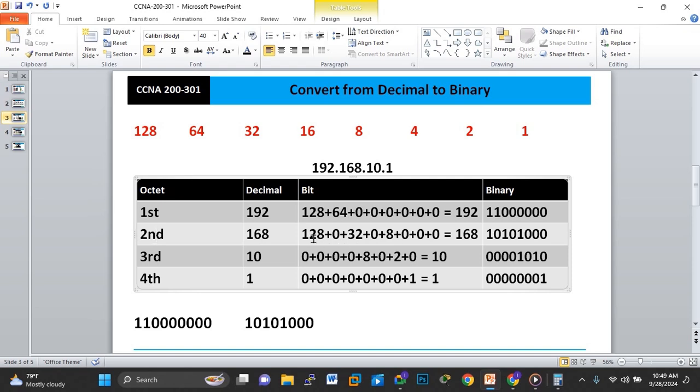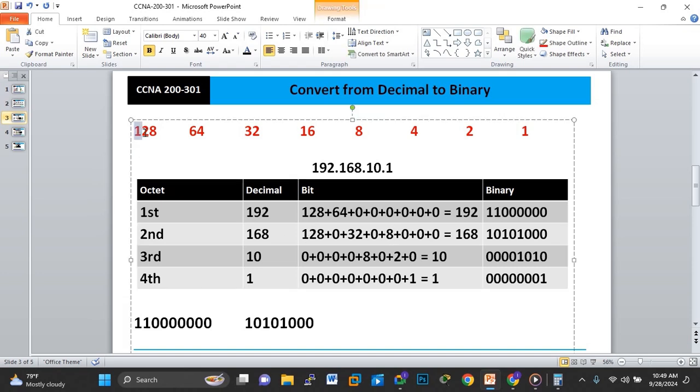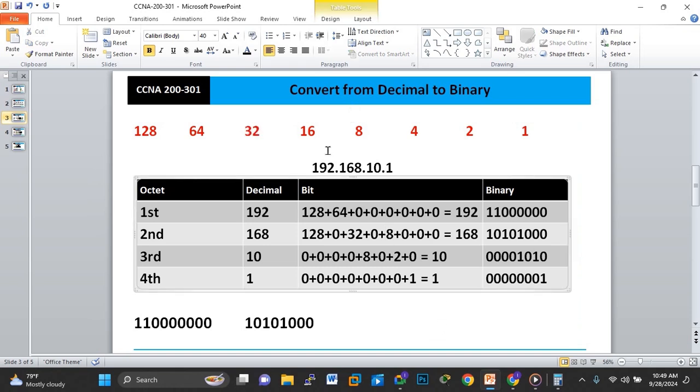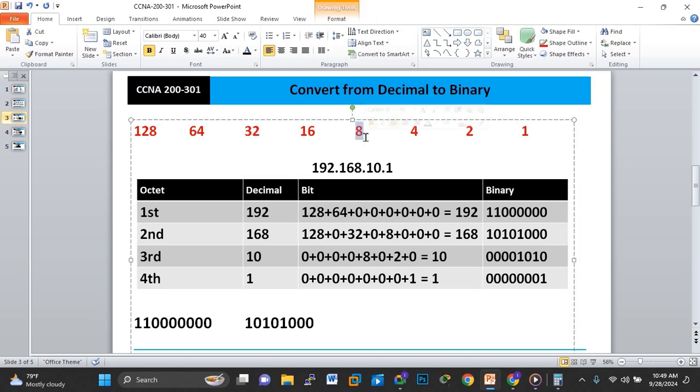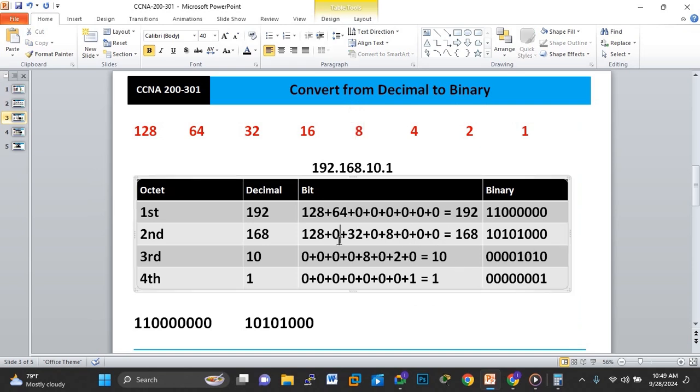Now you need to add it up. If you add 128, 32, and 8, it can give you 168. We have used this 128 here, we have used this 32 here, we have used this 8 bit here, but all these others are off.